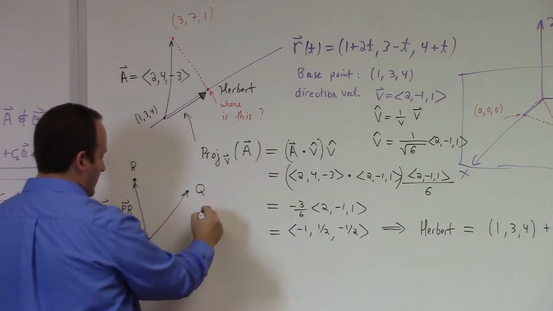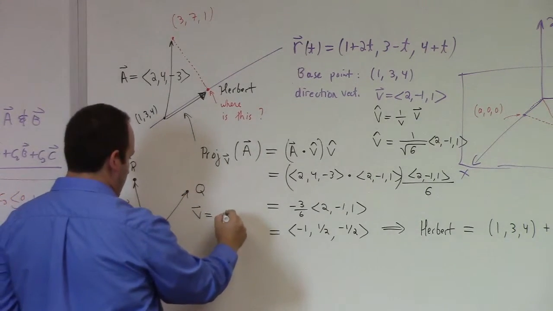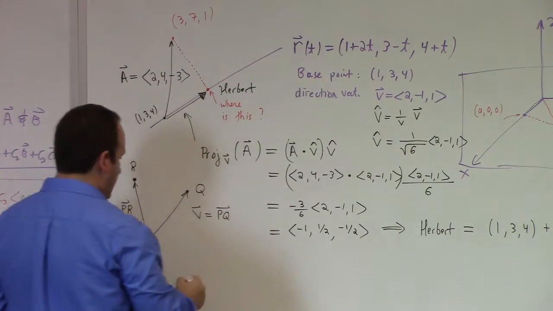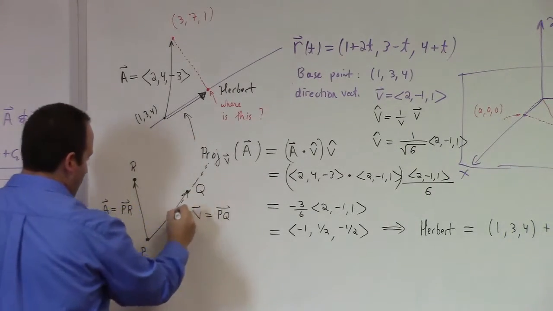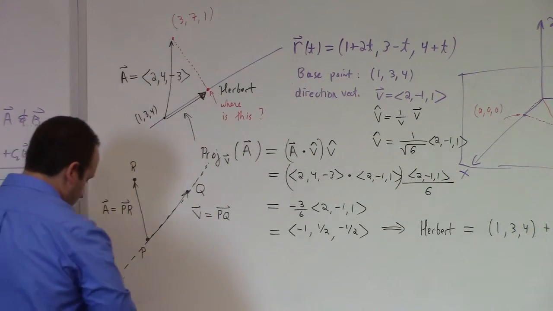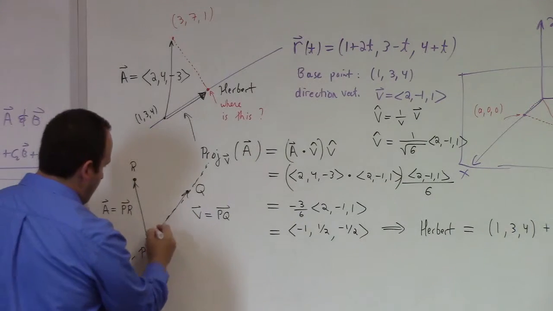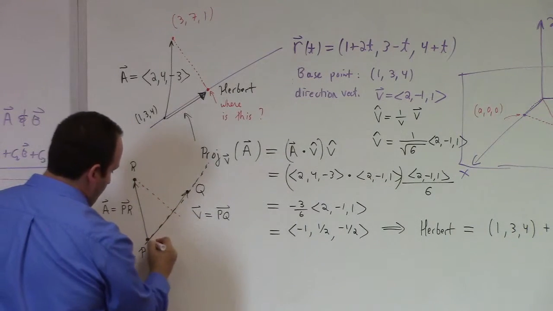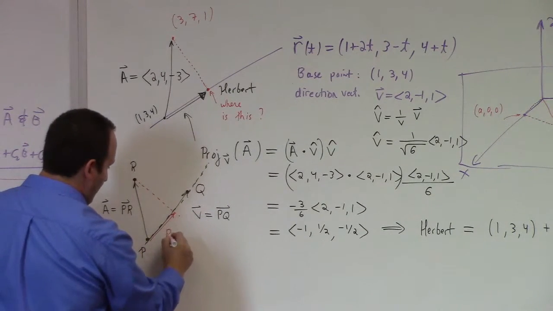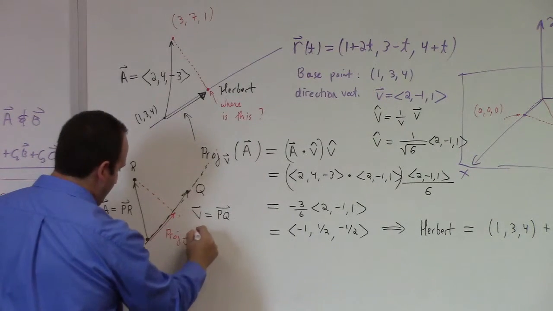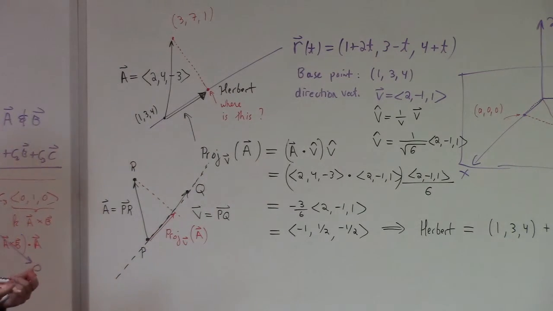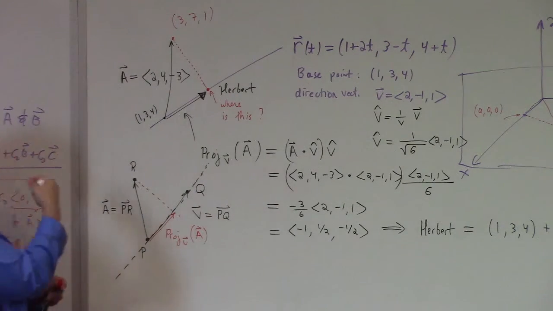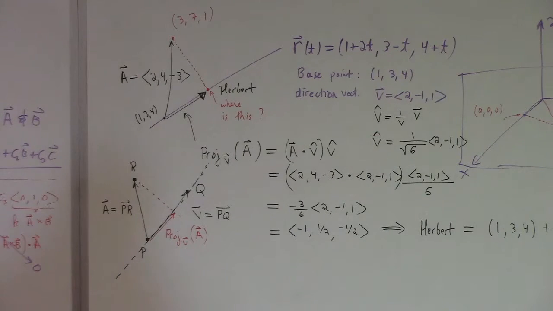So if this V is equal to PQ. And so here's the line. Yeah, and again, you just use the projection to get this right here. That's not the answer. We have to, P plus that gets me to the point I'm interested in.